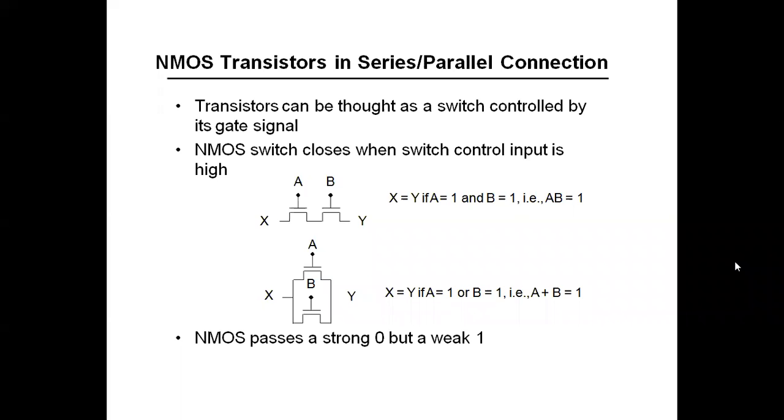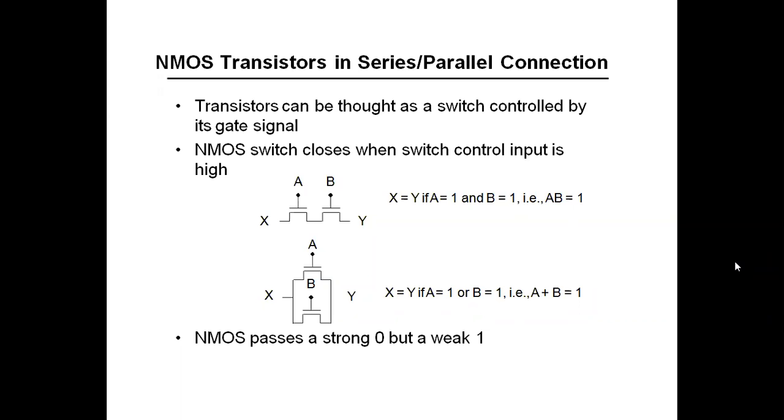Irrespective of whether it is an NMOS or PMOS, you can imagine it as a switch, right? And who decides when to turn that switch on or off? It's the gate signal. Your gate signal decides when to turn the switch on and when to turn it off.